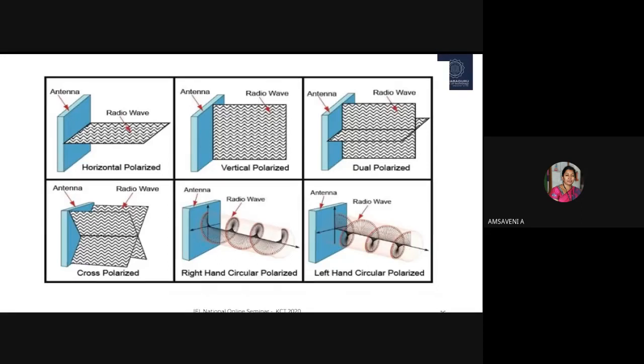In a right hand circularly polarized wave, the phase shift will be 90 degrees leading, and in a left hand it is 90 degrees lagging. And here the amplitudes, or the field strengths, of the two waves, E1 and E2, will be equal in case of a circularly polarized wave. If the amplitudes are not equal, you will get an elliptically polarized wave.